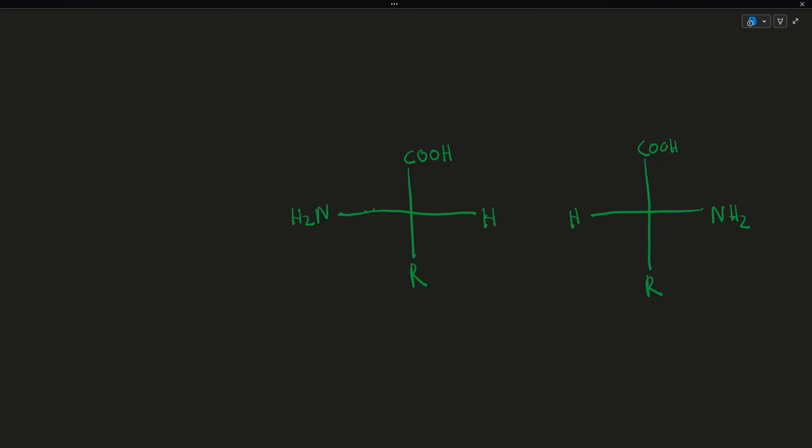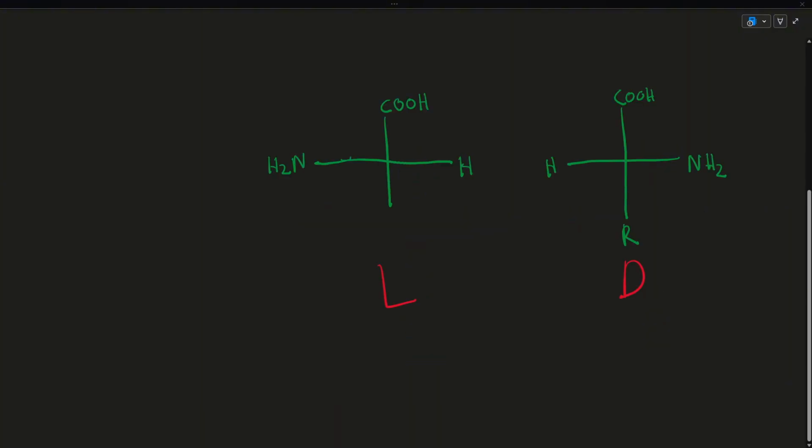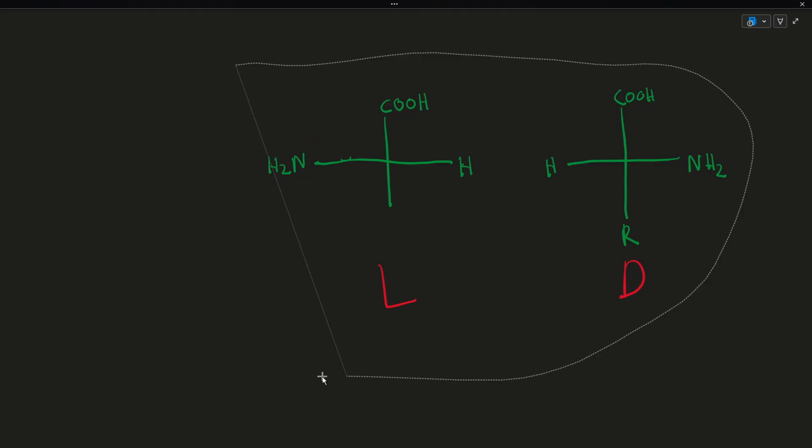If it's on the left, that orientation is going to be L. And then if the amino group is on the right, it's going to be D. And D stems from the Latin word dextra, so dexterous, as in the right. And so the reason why this matters is because the L form is the only one found in the human body.